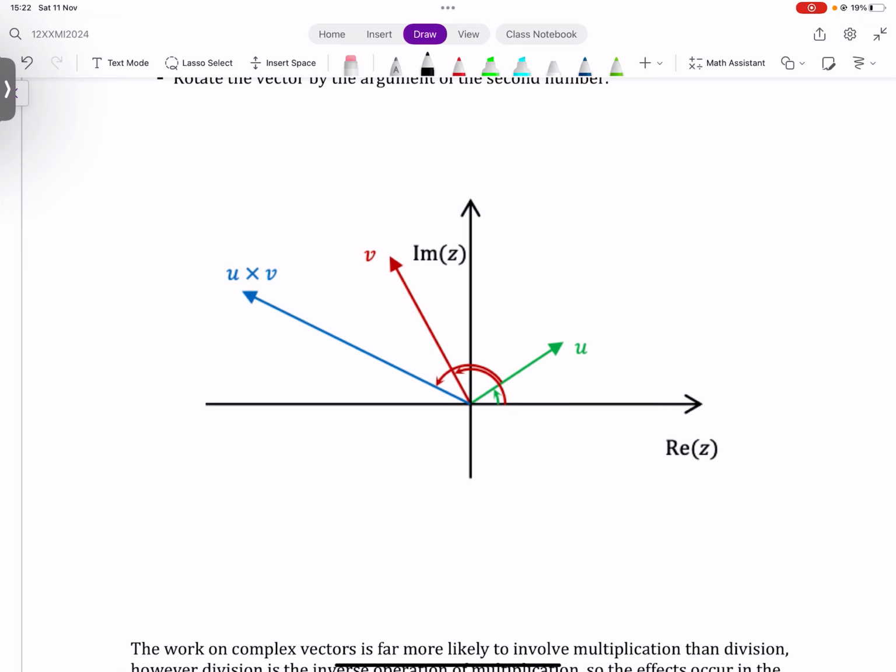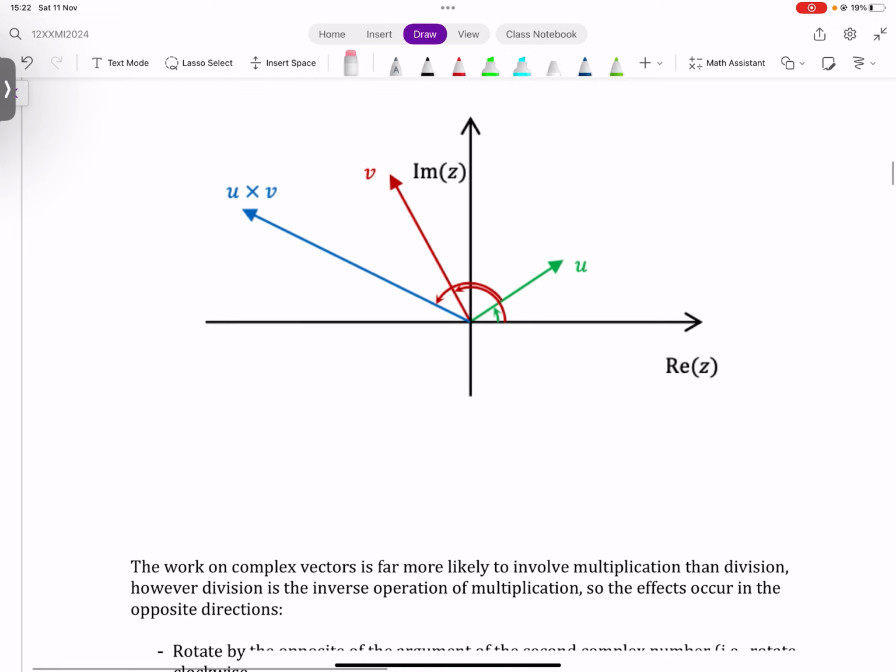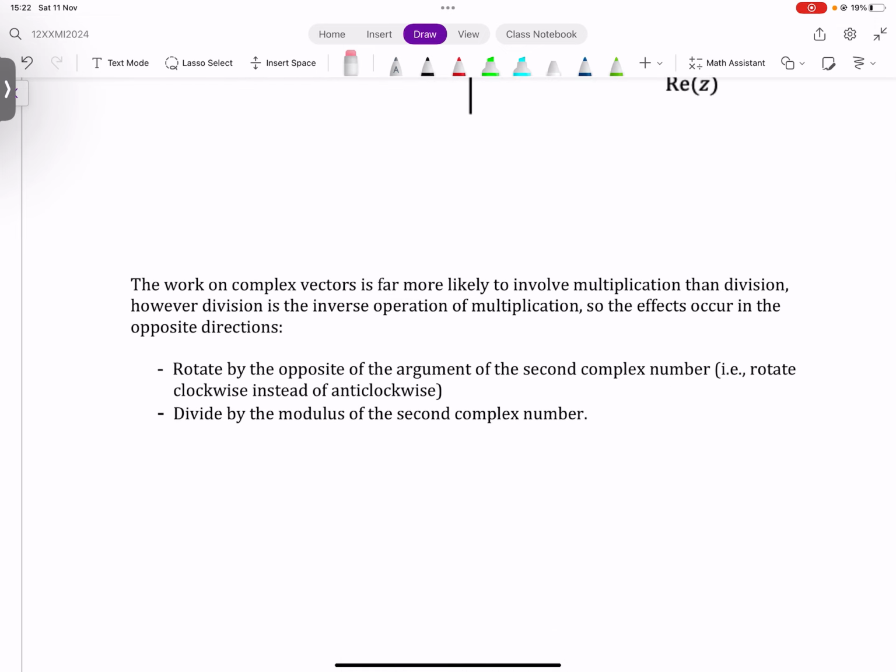So here if I've got U and I'm multiplying it by V, well here we can see U times V. It's the magnitude of V times U, so it's going to be extended. But importantly for today's lesson, we can see that the arguments have been added together to get this overall argument there. So the work on complex numbers in vectors is far more likely to involve multiplication than division.